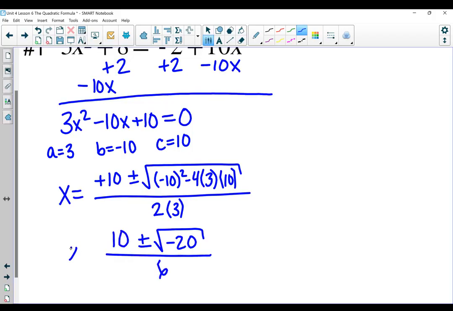I always show this much work at least. We know with radicals, we definitely can't leave a negative under a radical. So that negative coming out of the square root is going to come out as i. We also want to take out any perfect square we see. So this negative square root of 20 is actually 2i square roots of 5 over 6.